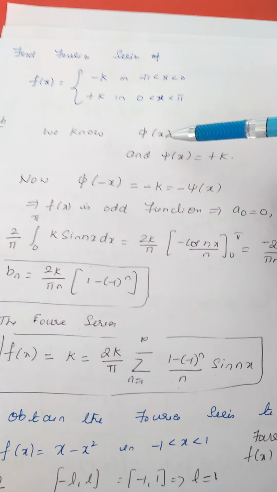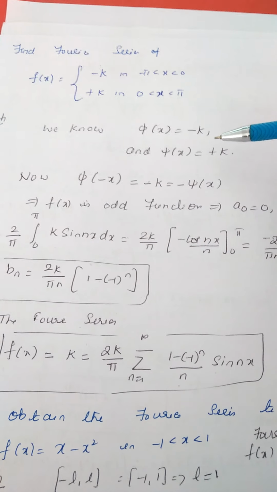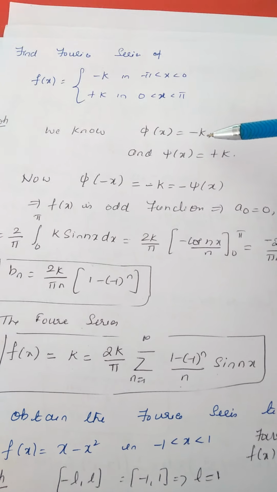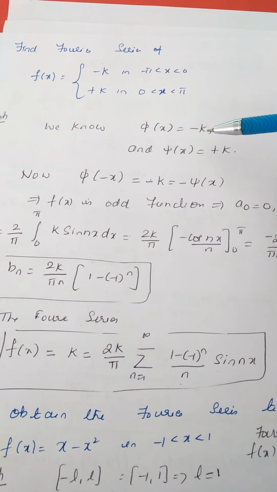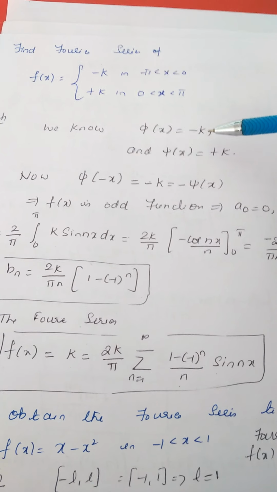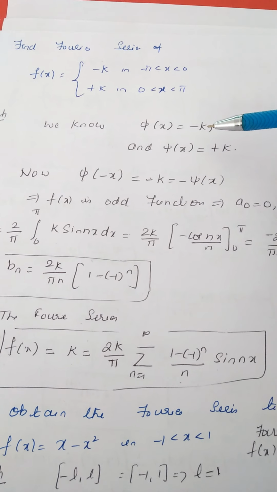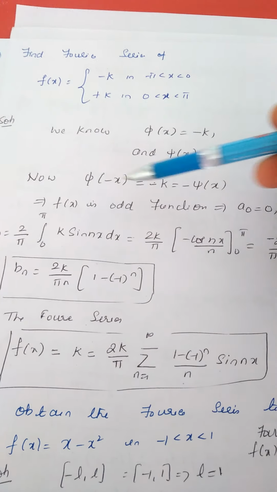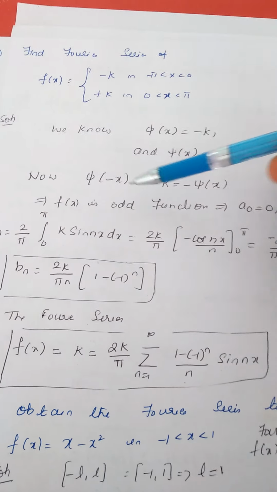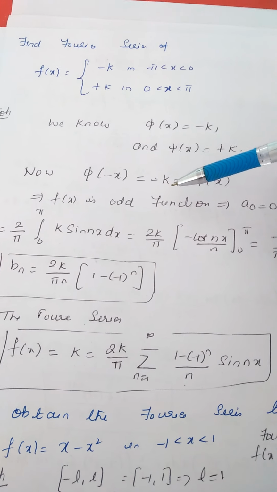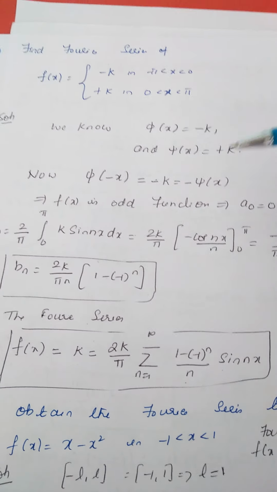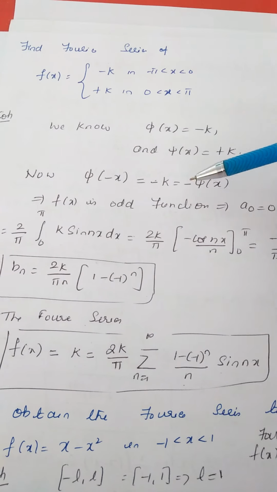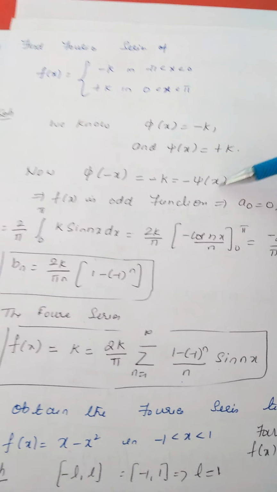Phi of minus x is also equal to minus k. This minus k can be written as minus of psi of x, isn't it?